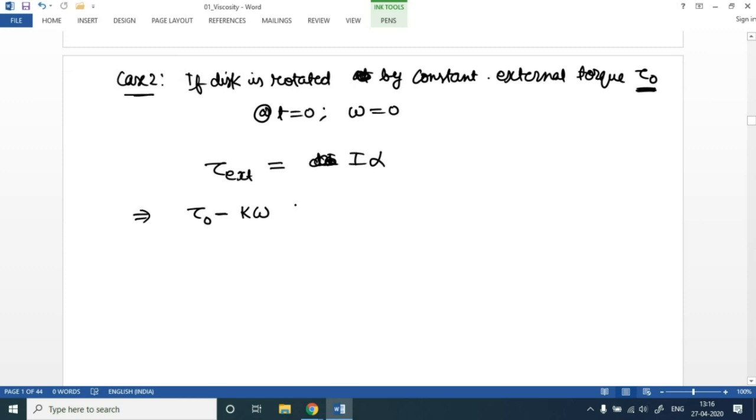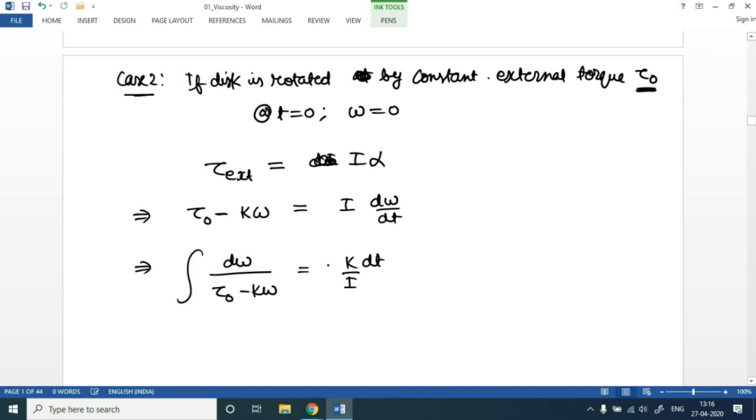So tau naught minus k omega would be equal to I times alpha, which is again d omega by dt. So d omega divided by tau naught minus k omega is equal to dt divided by I. This is the differential equation we have got.